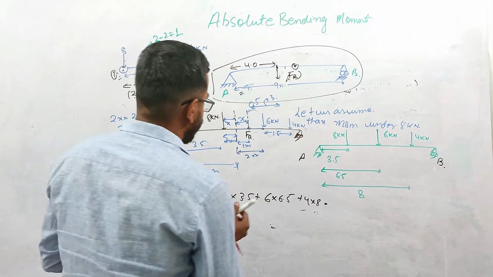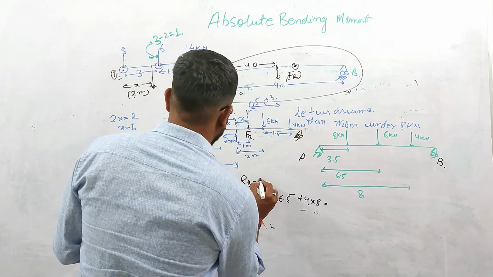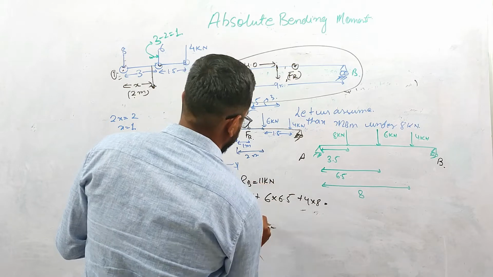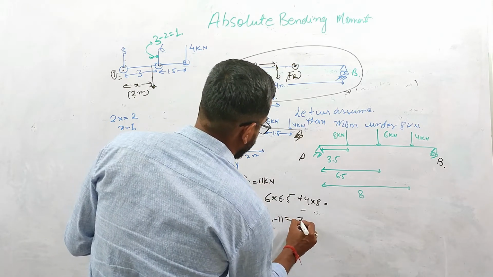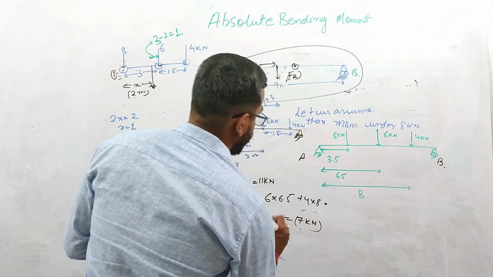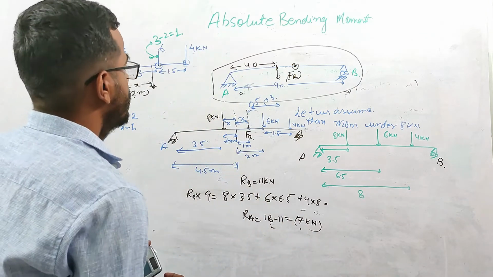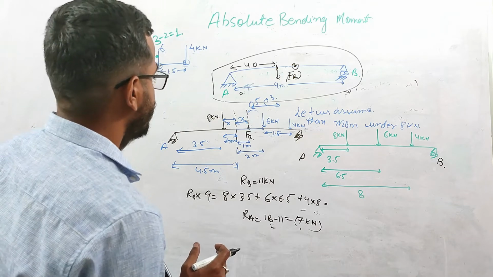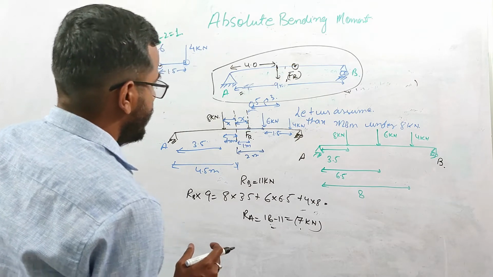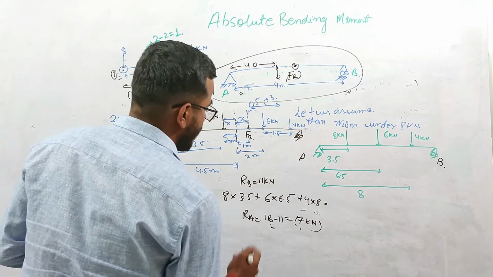From here RB comes out to be 11 kilonewton, and then RA will be 18 minus 11, which is 7 kilonewton. So RA is 7 kilonewton.